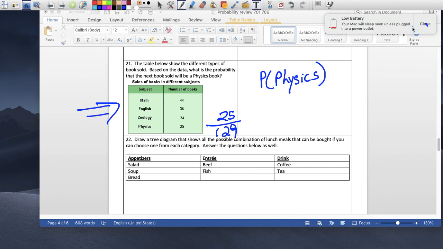So we use the data from all the sales during the day. Okay, so this is again experimental. It's based on something that happened, and this was based on the sales that occurred during the day. So that's the probability.